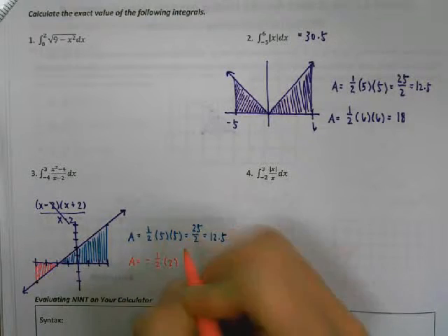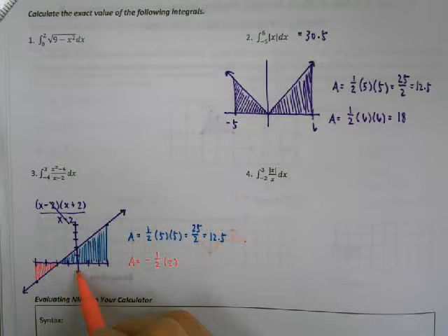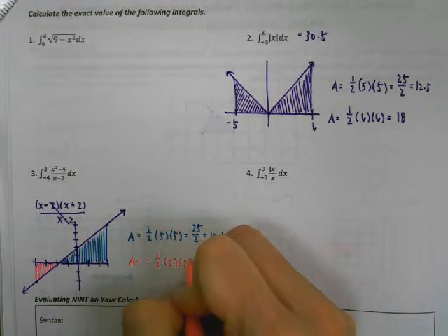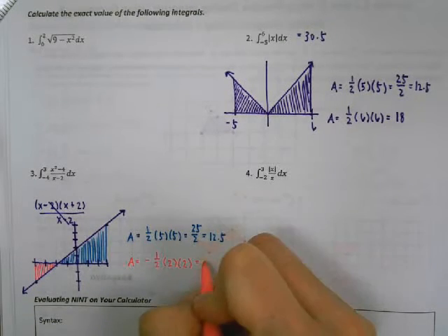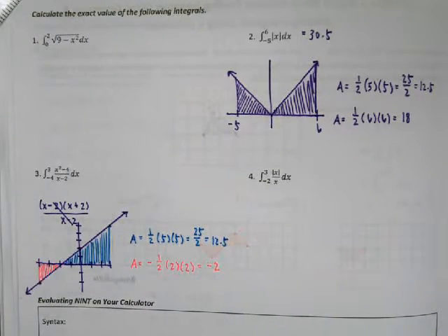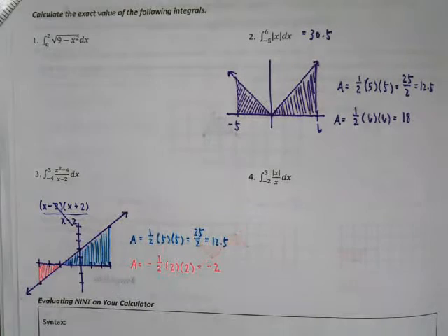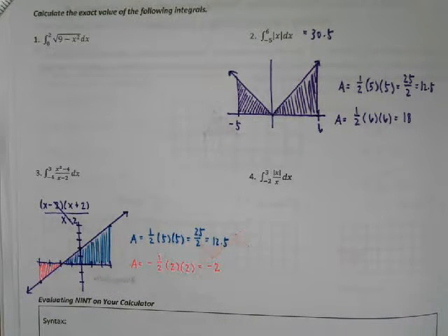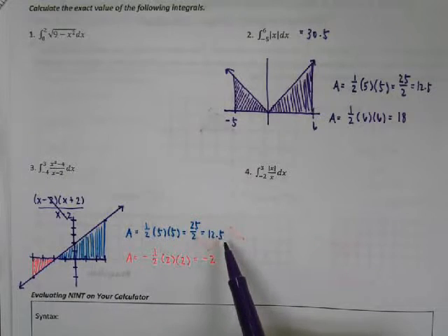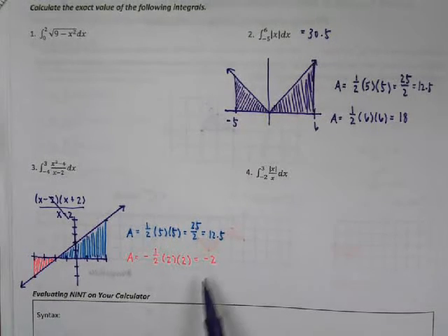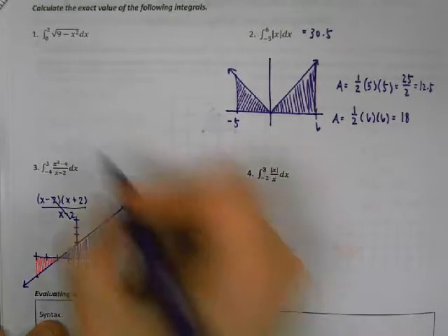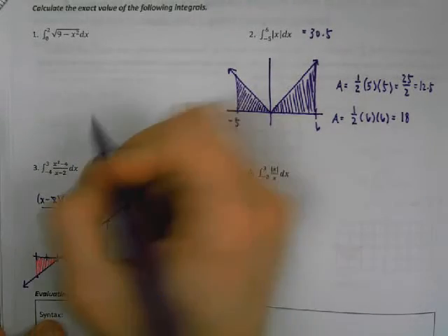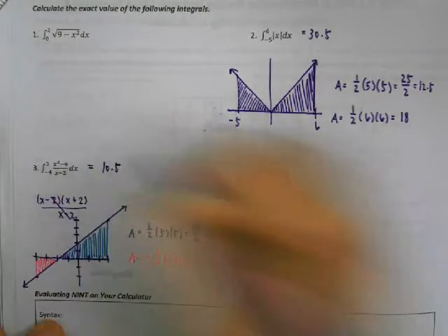My base is 2, and the height of that triangle is also 2. So I have an area of negative 2 for that portion. So now when we add those together, we're really doing 12.5 plus a negative 2, or subtracting that out. So that gives us a value there of 10.5.